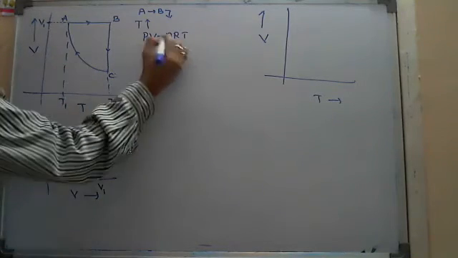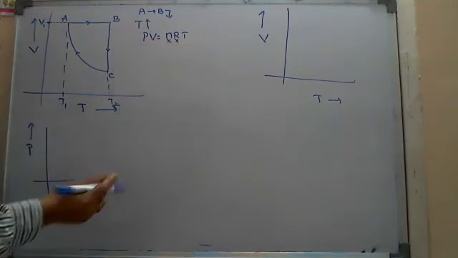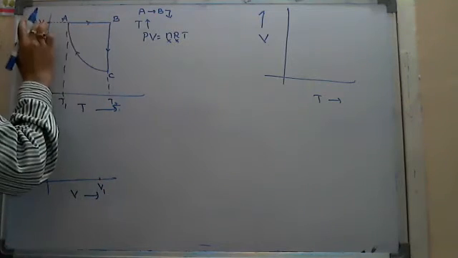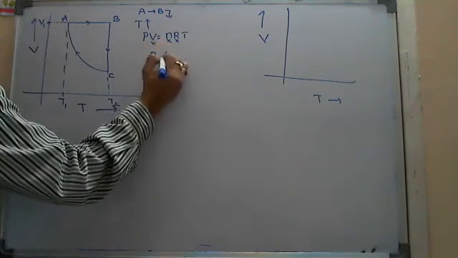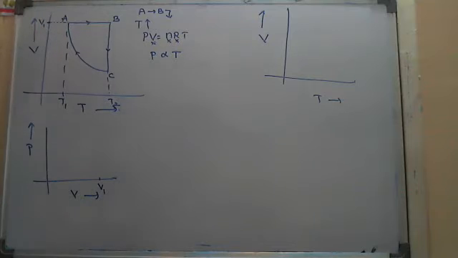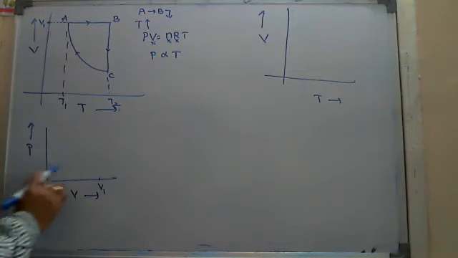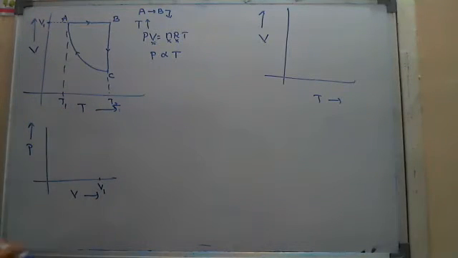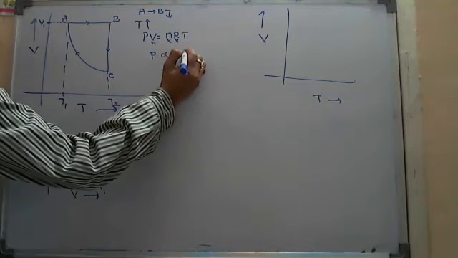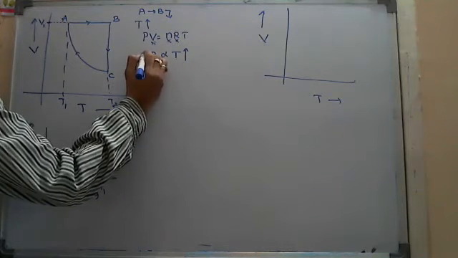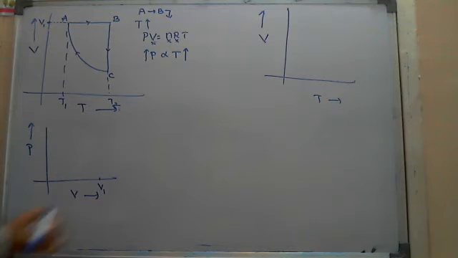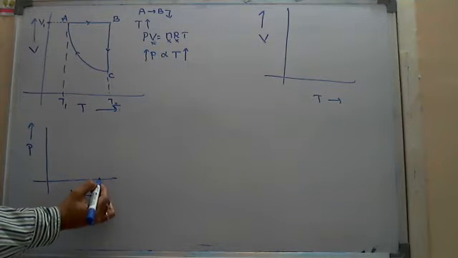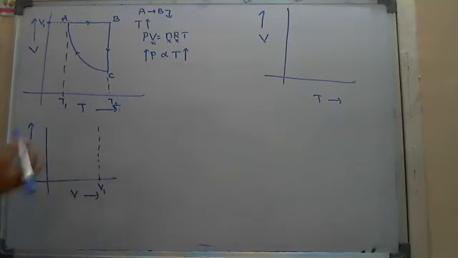Always we draw the graph for a given amount, so n and R are constant. In A to B, the volume is constant, so we can write P is directly proportional to T. Here the temperature increases, so the pressure also increases. Simple. So at constant volume you should get a straight line like this.